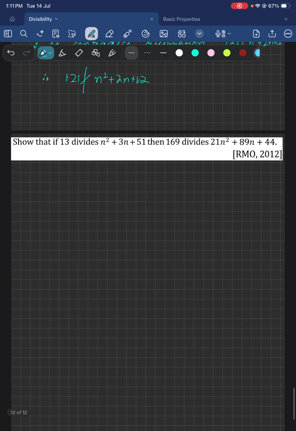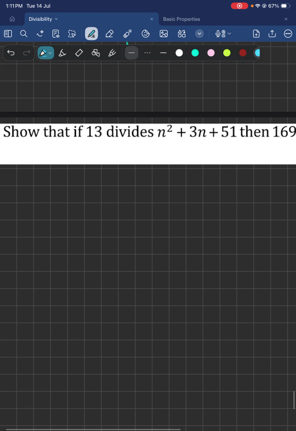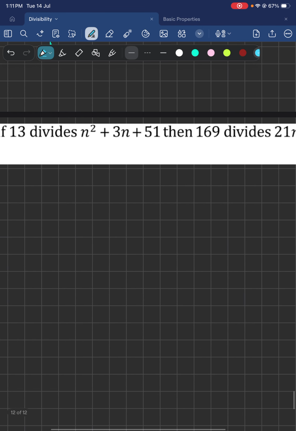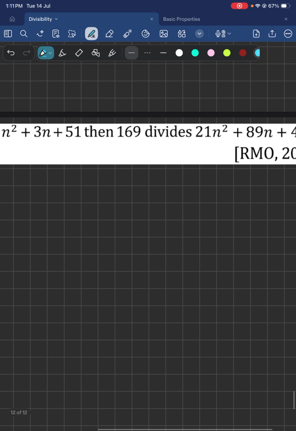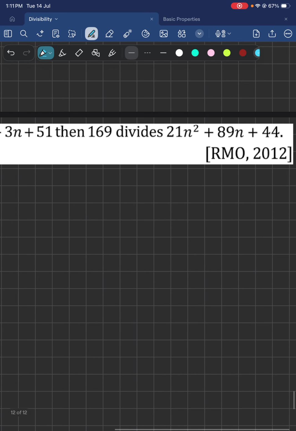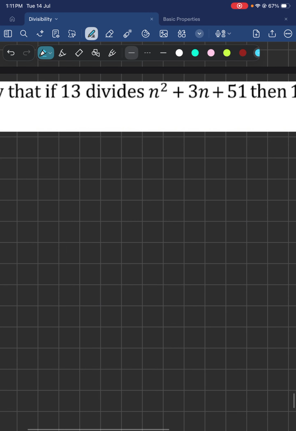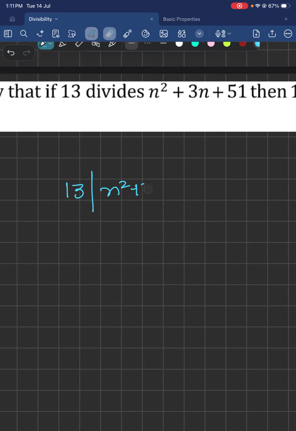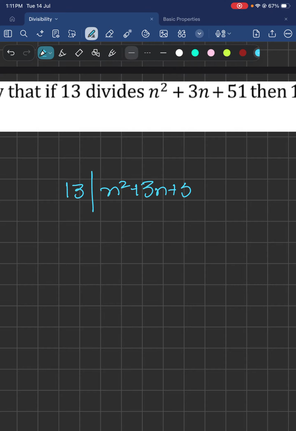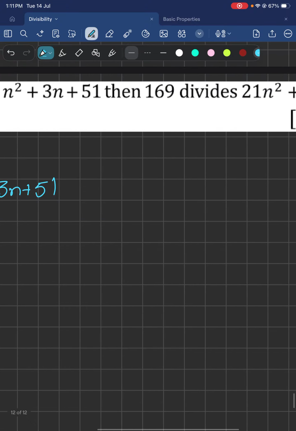Otherwise I've got you. So what it says is, show that if 13 divides n square plus 3n plus 51, then its square 169 should divide 21 n square plus 89 plus 44. So the very first information that we have is 13 divides n square plus 3n plus 51, right?